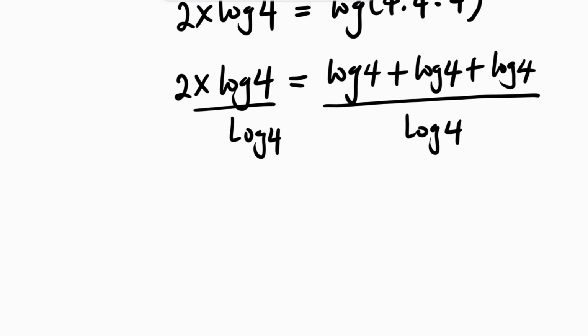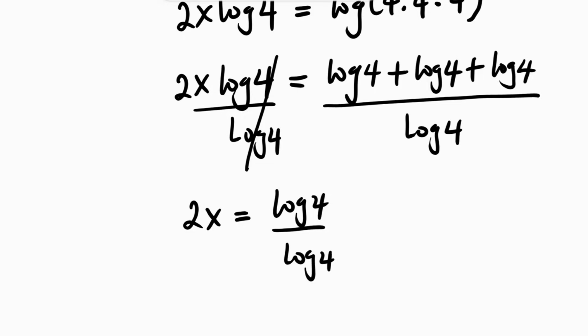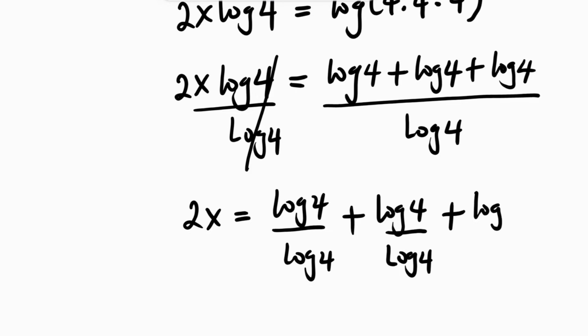Okay, so that cancels out. We have 2x equals, the right hand side we can represent as standalone fractions: log 4 divided by log 4 plus log 4 divided by log 4 plus log 4 divided by log 4.